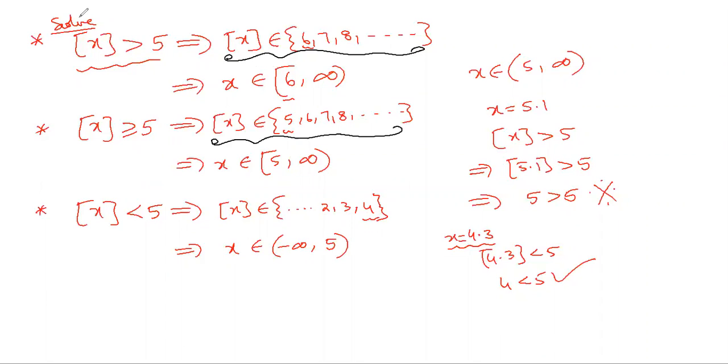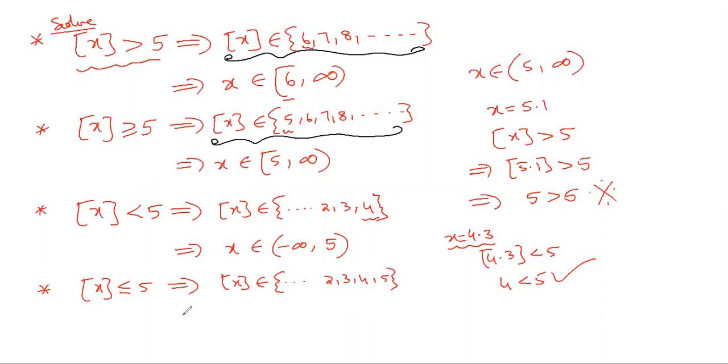Next, one more condition. Suppose integral part of x is less than or equal to 5. Then what should we write? Integral part of x belongs to all negative numbers and then until 5: 2, 3, 4, 5.